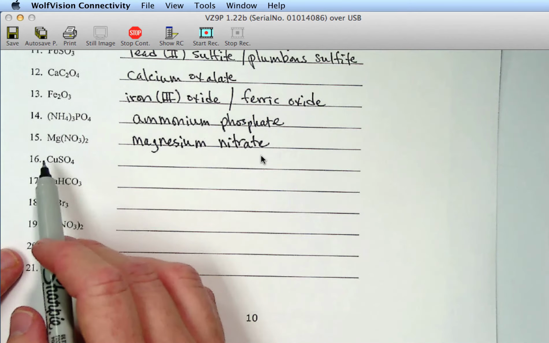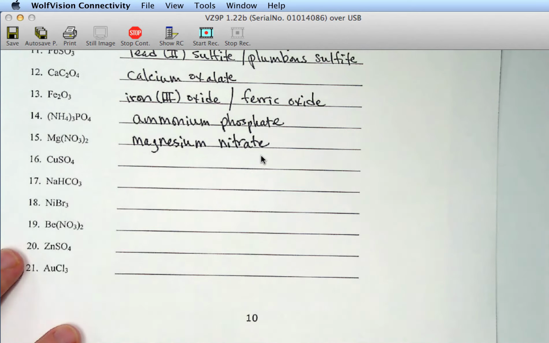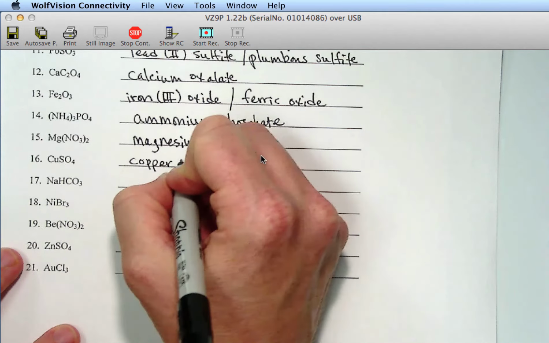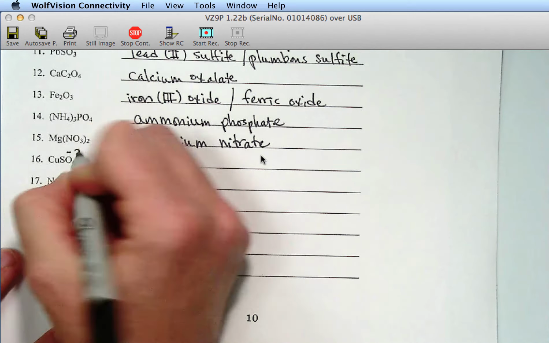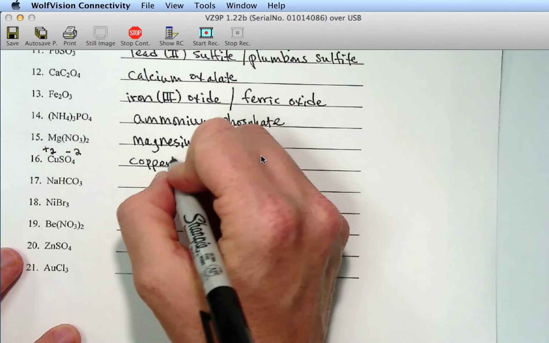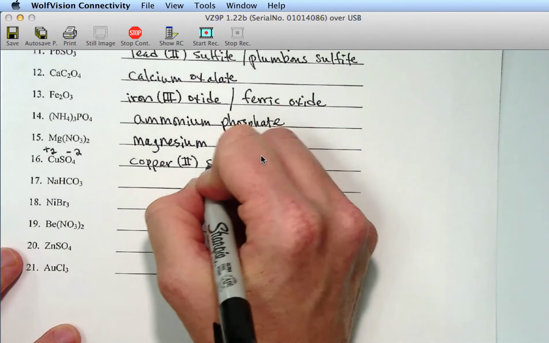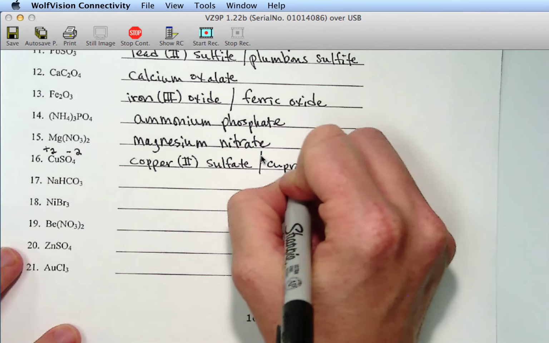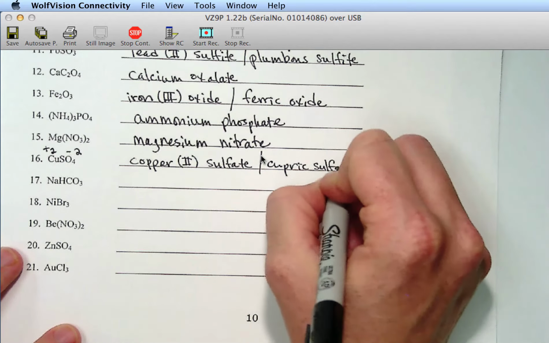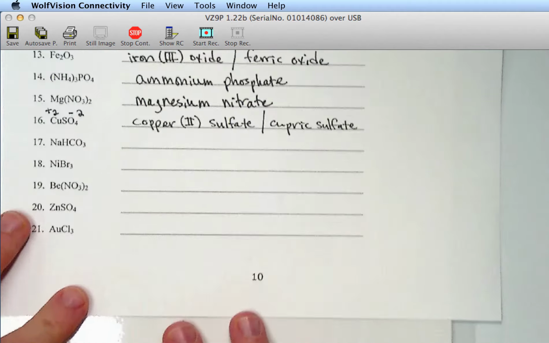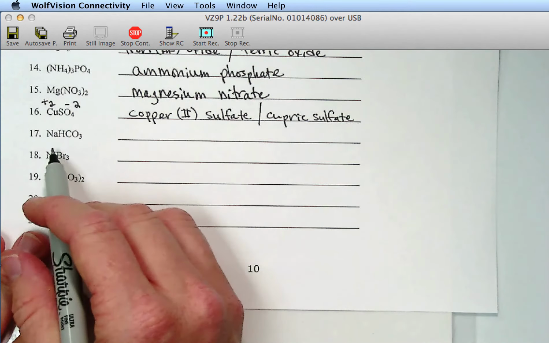16, copper is a transition metal. It has more than one charge, so you need to write a Roman numeral. So this is copper. Know those polyatomic ions. Copper 2 sulfate, cupric sulfate. 17 is baking soda.